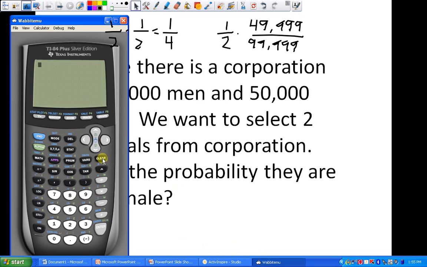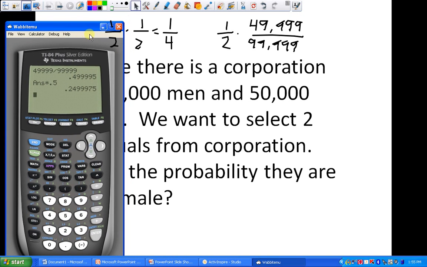We have 49,999 divided by 99,999, very close to 0.5. Multiply that by 0.5, and we get very, very close to 1/4, which would be 0.25.